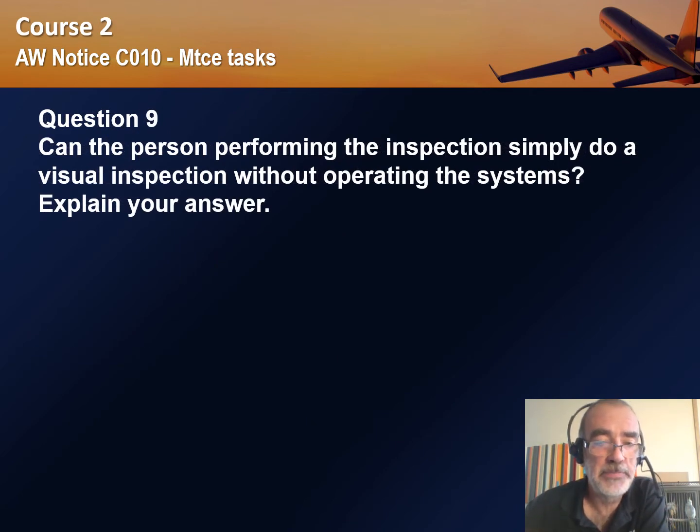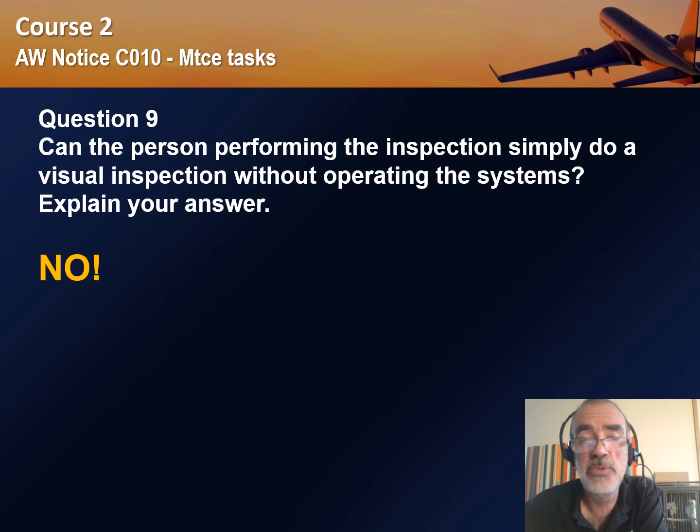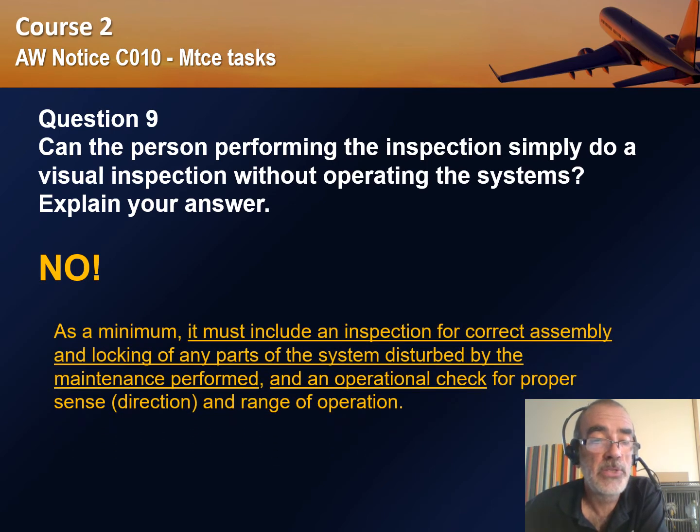Question 9. Can a person performing the inspection simply do a visual inspection without operating the system? And explain your answer. Well, no. Okay, you need to operate the system to make sure everything works. As a minimum, it must include an inspection for correct assembly and locking of any parts in the system disturbed by the maintenance performed.